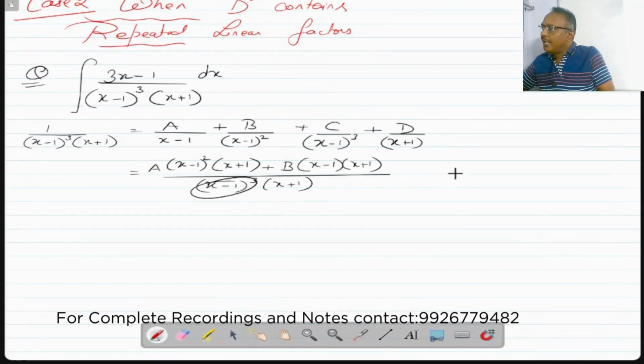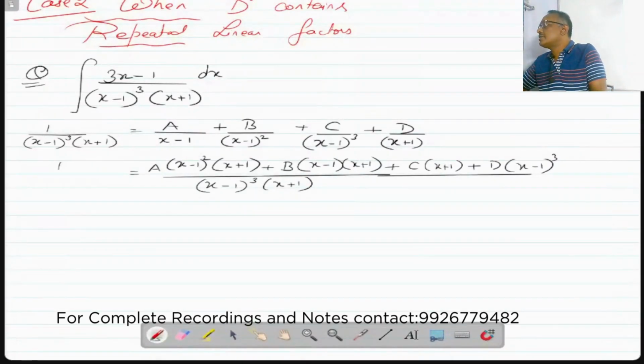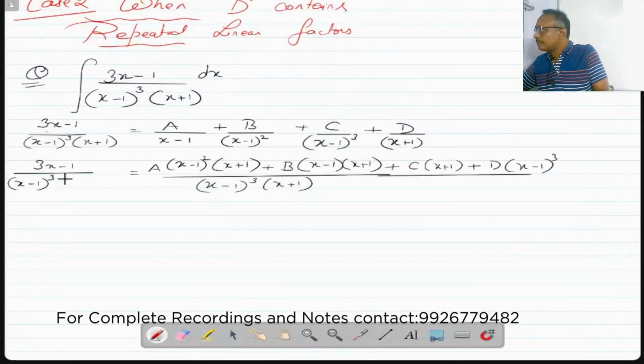So what's not there now? X plus 1. And what does D have now? Cube. And here this has to be 3x minus 1 upon x minus 1 का cube x plus 1. This whole denominator gets cancelled out.